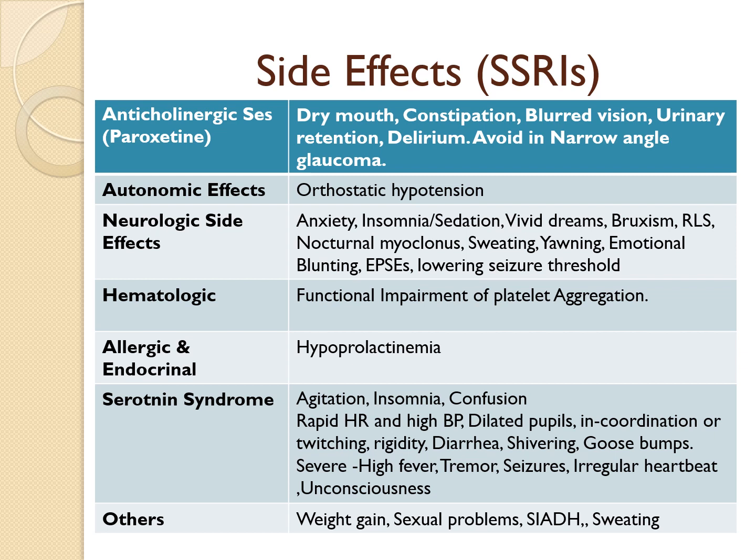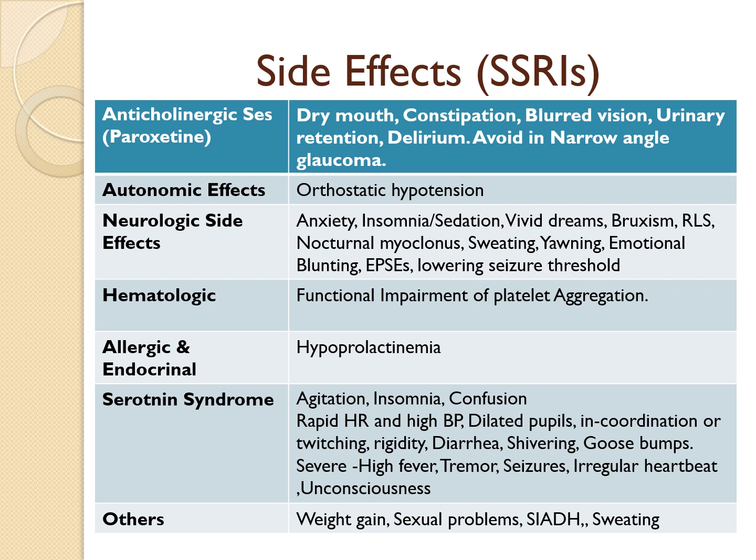The side effects of SSRIs are less severe or less prominent than those of TCAs, because SSRIs selectively inhibit the reuptake of serotonin. As an exception, paroxetine can have more anticholinergic side effects than other drugs, like dry mouth, constipation, blurred vision, urinary retention, and delirium.